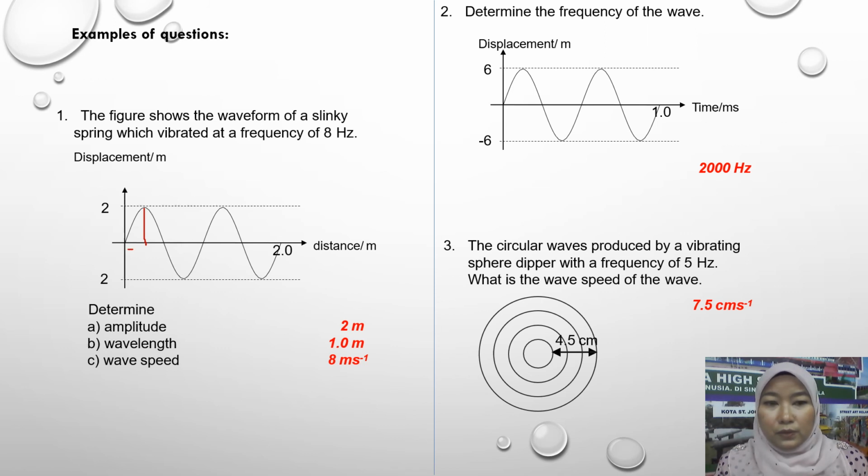From this picture we have two wavelengths, one wavelength and two wavelength. So 2λ is equal to 2 meter. So 1λ is equal to 1 meter.